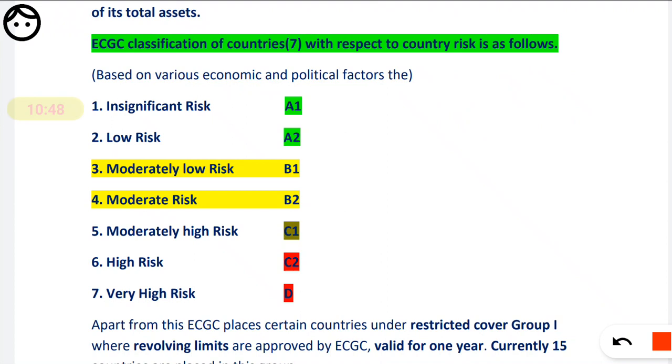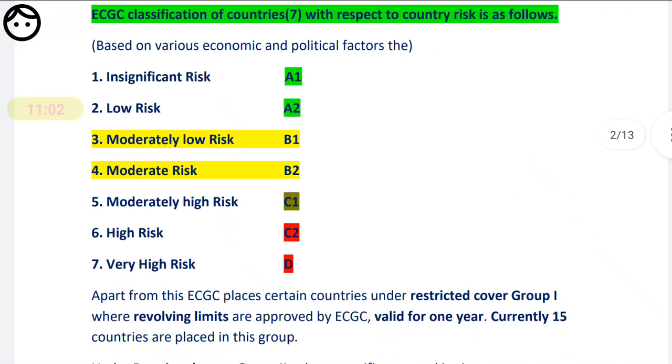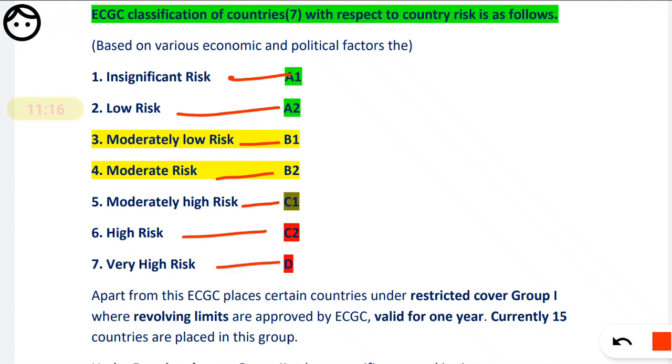A1, A2, B1, B2, C1, C2 and D. These are the 7 types, very easy to remember. A1 is insignificant risk, A2 is low risk, B1 is moderate low, B2 is moderate, C1 is moderate high, C2 is high and D is very high.